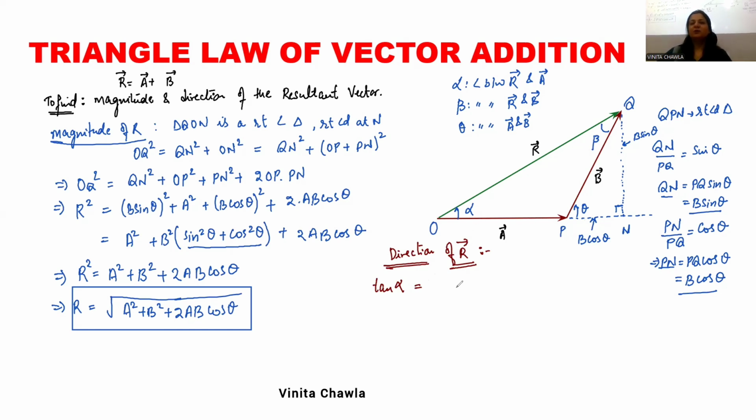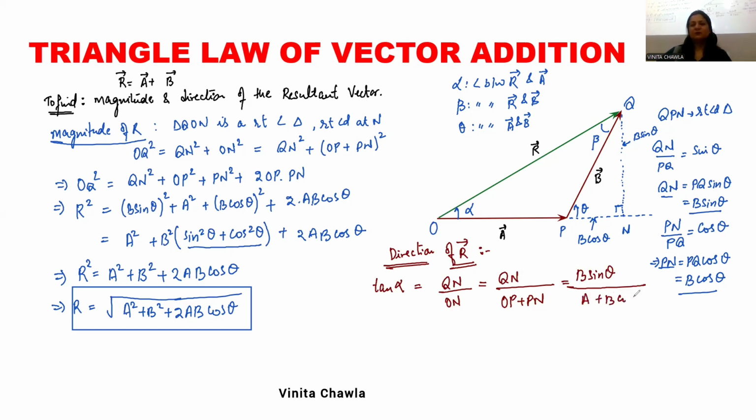In this triangle, what is perpendicular? It is QN. And base is ON. ON can be written as OP plus PN. What is QN? It's B sine theta. And this OP is A, PN is B cos theta.